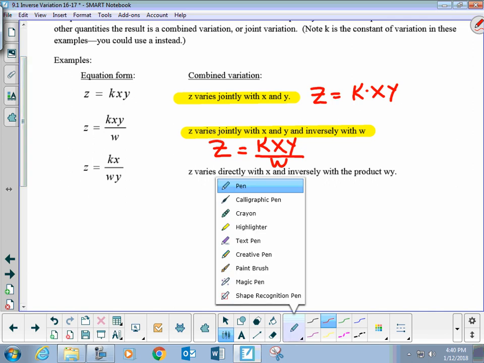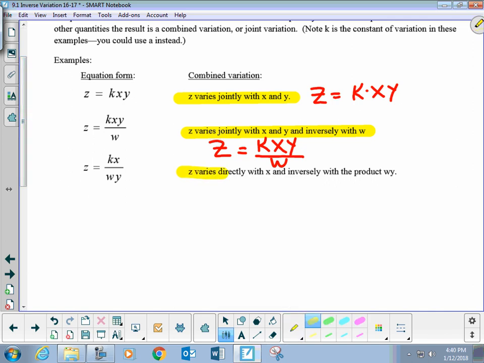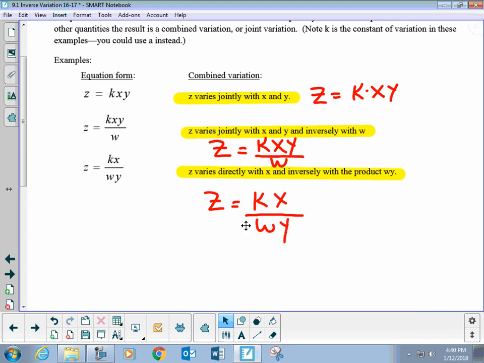The last one says z varies directly with x and inversely with the product of w and y. So those are some of the words we use to write our equations. So you can use that in a word problem to help you write your equation.